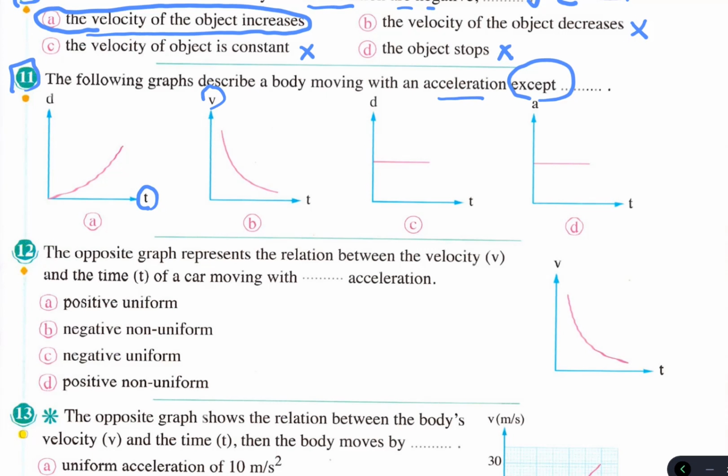Here between velocity and time, it is non-uniform acceleration. As you see, the slope is negative, so non-uniform negative acceleration. Here distance and time, the distance doesn't change with time, so this is the right answer.